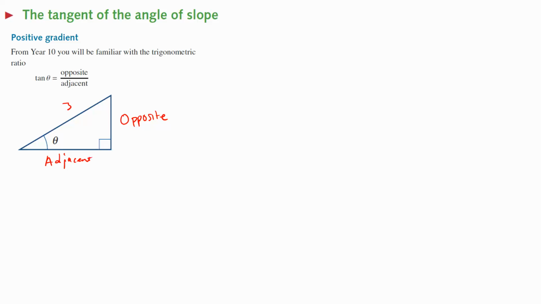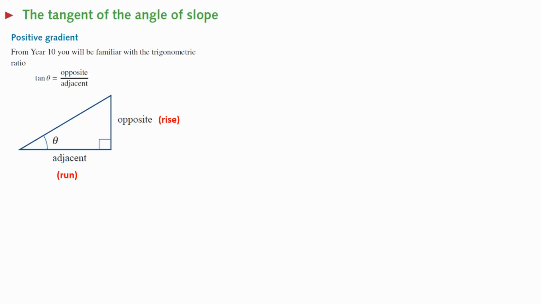Now what you can see is very similar to what you were just doing. Gradient was rise over run. Tan is opposite over adjacent. So when you write tan theta, it's a ratio, a fraction, just the same as a gradient. This is rise and that's run.